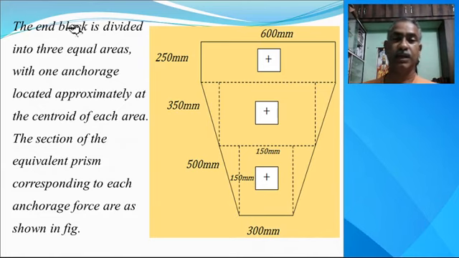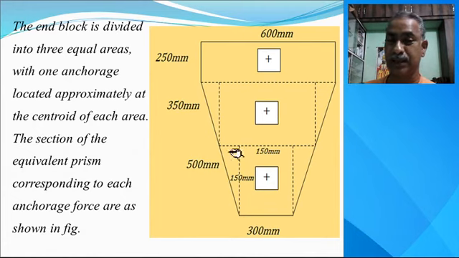Now the end block is divided into 3 equal areas, with one anchorage located approximately at the center of each area. That means the total area is approximately divided into equal areas. Here I have considered 300 mm by this; 3 multiplied by 5, that is 15 into 10 raised to the power 4, is the area of this block.